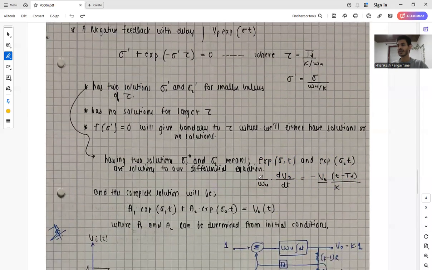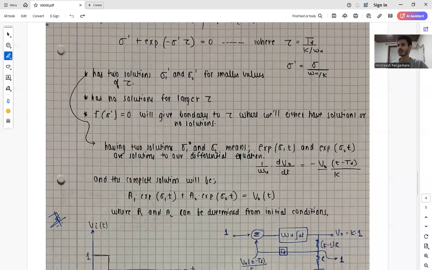And to complete the solution, v naught of t is a1 exponential sigma 1 t plus a2 exponential sigma 2 t, and a1 and a2 can be determined from the initial conditions.